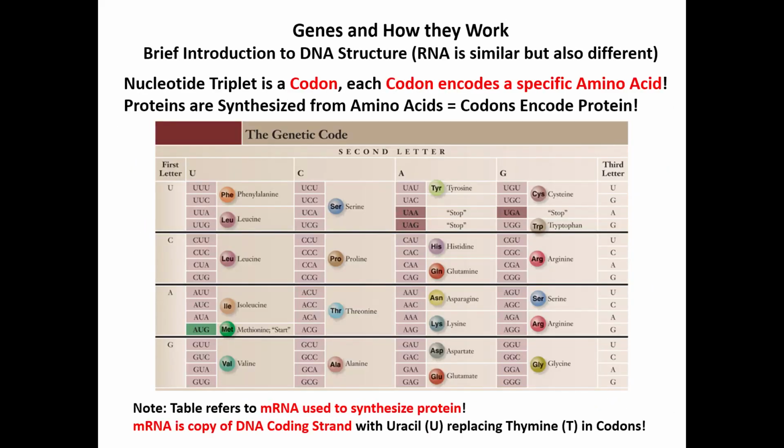So here we see a table that shows us codons, and as you can tell, since we see uracil in this table, we're looking at the RNA molecule, the messenger RNA, mRNA, that is produced out of the template strand of the DNA, which is a perfect match of the coding strand of the DNA.